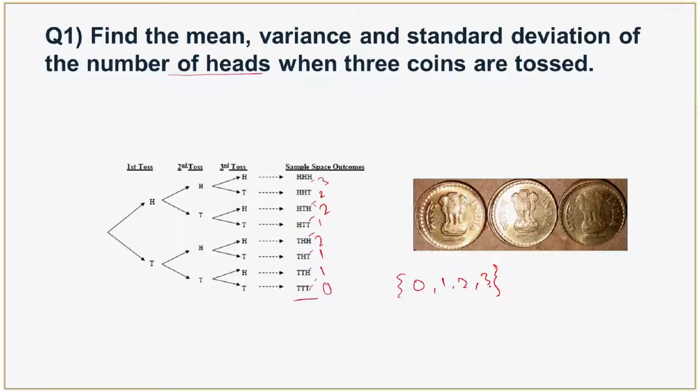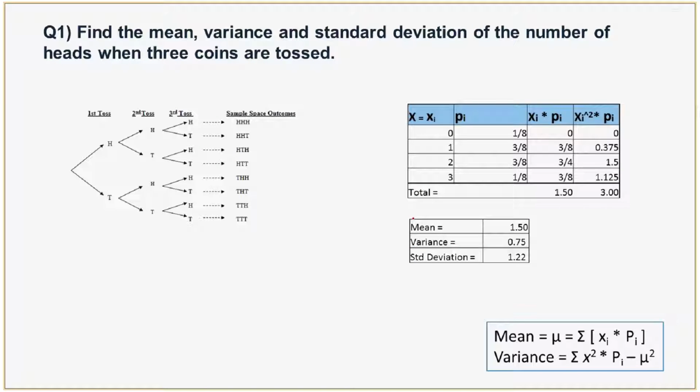So what you'll have to do is arrive at the probability distribution table for p of x equal to 0, for p of x equal to 1, likewise x equal to 2 and x equal to 3. So let's move on. These are the possible values that the random variable can assume, and these would be the corresponding probabilities. Why 1 by 8 for P of X equal to 0?